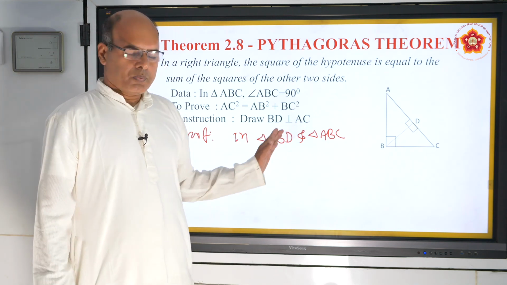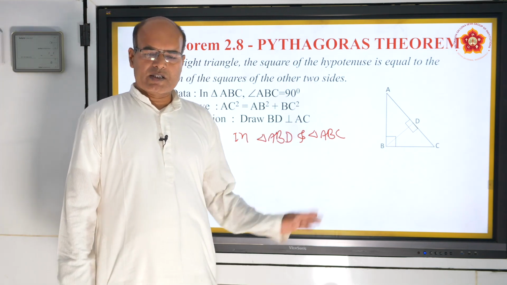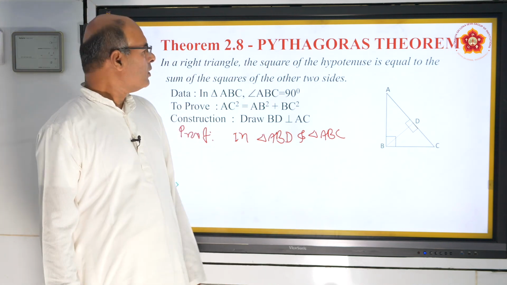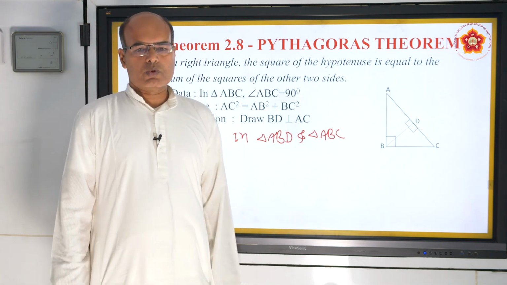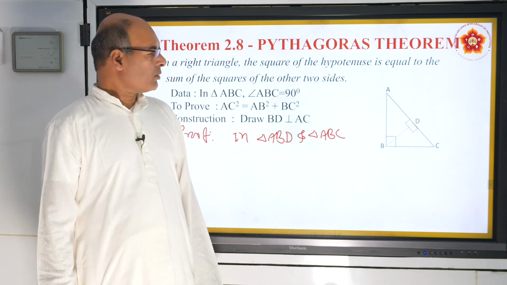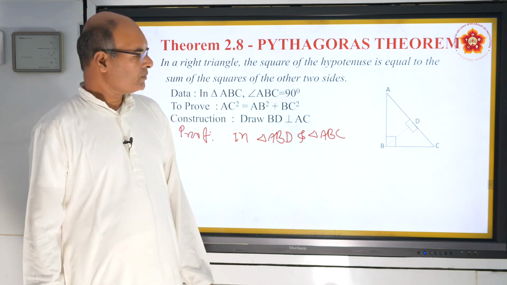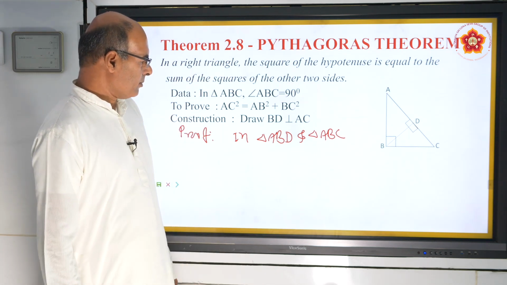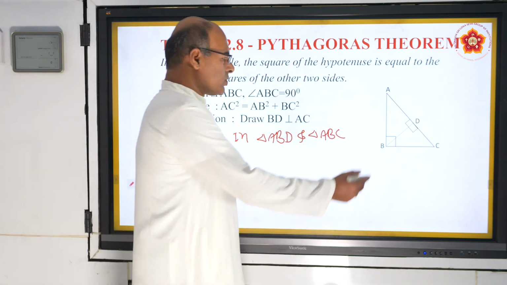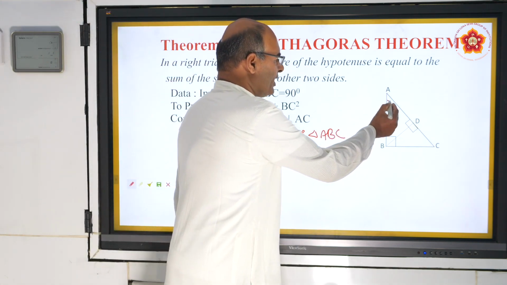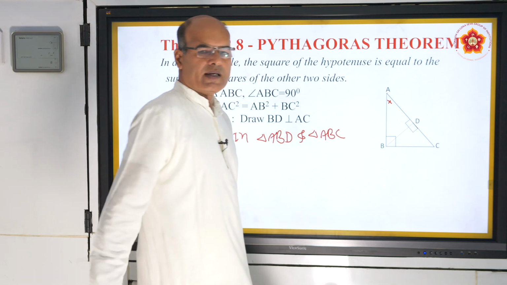Now we have to prove that these two triangles are similar. It is proved in the previous theorem, theorem 2.7. Even though, look at it once again. Suppose this angle is considered as x degree.